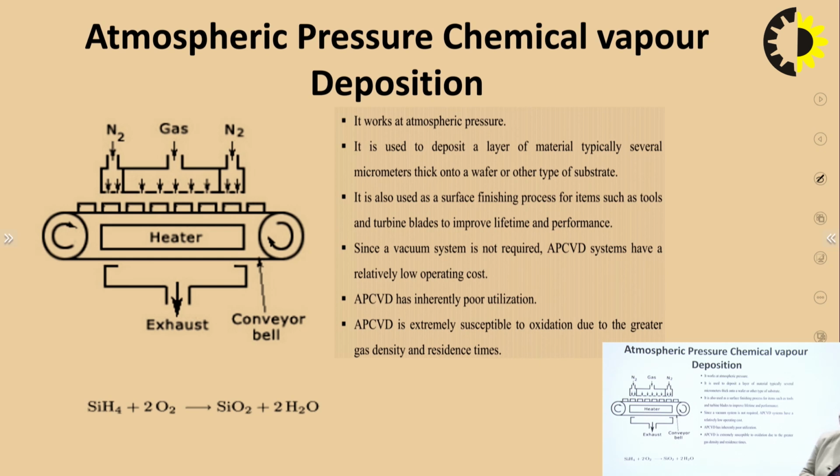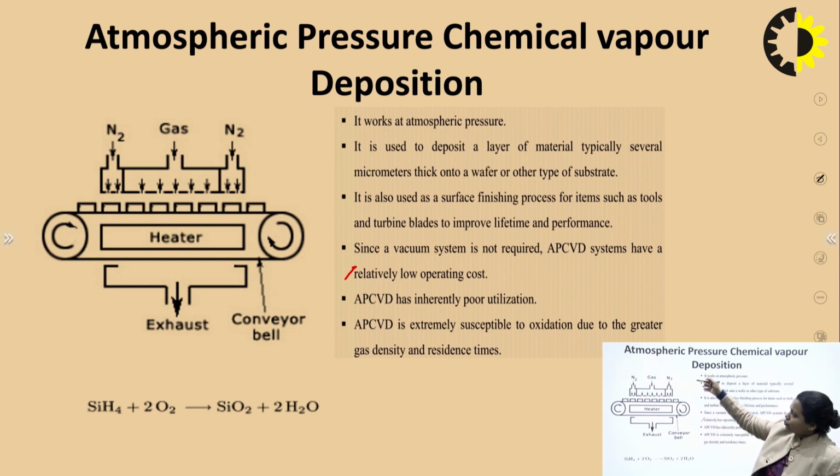This is the basic diagram of this type of CVD. This is a heater. The heater is placed inside a belt. The belt is a conveyor belt, and on the conveyor belt these are wafers. The wafers are kept on it, and the temperature of this belt is very high.